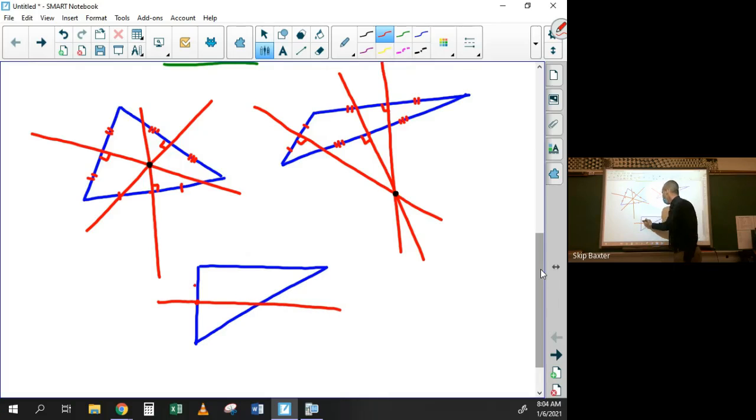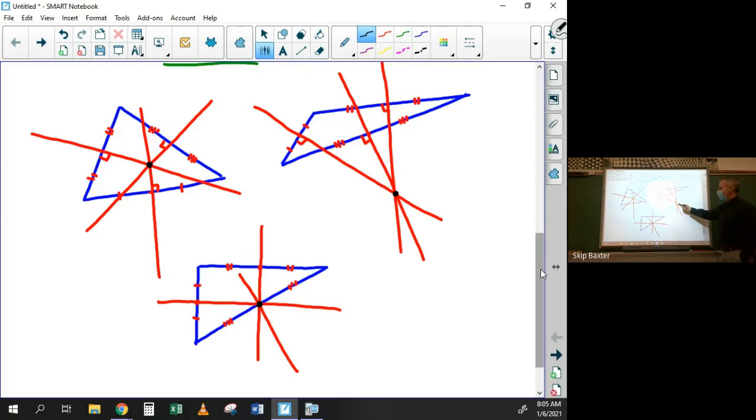If I do the perpendicular bisector of the other leg of this right triangle, it's going to be a vertical line segment, and they're going to intersect right on the hypotenuse. Does that make sense? And then the third one, obviously, would go right through the same point. So the circumcenter might be inside the interior of the triangle. It might be outside the triangle entirely, or it might be on the perimeter of the triangle in the case of a right triangle.